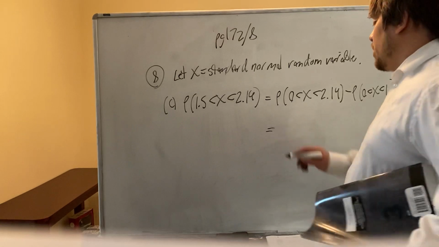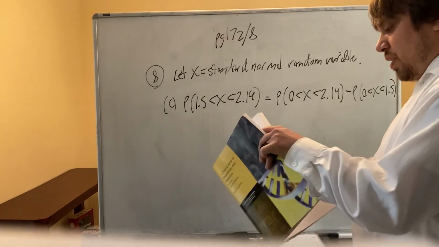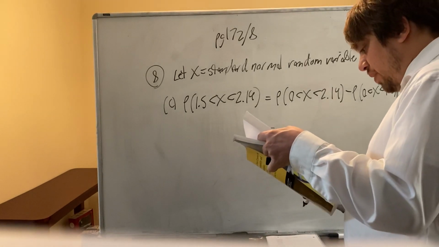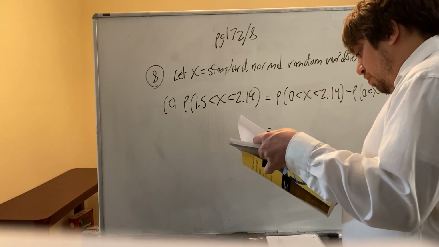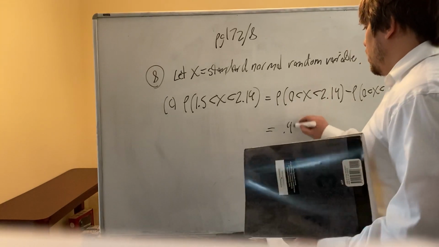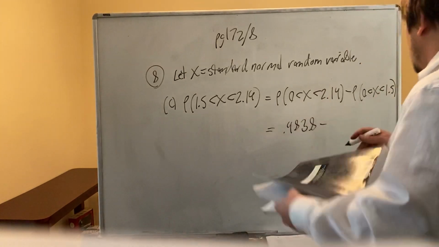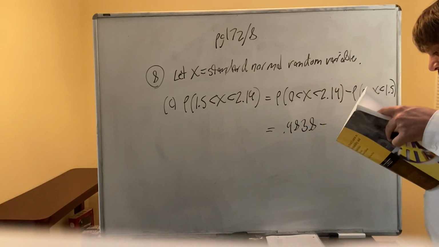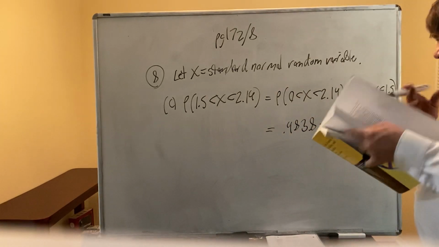And so the table tells you each of those. And so the table tells you this value is 0.4838 minus that probability, which is 0.4332.